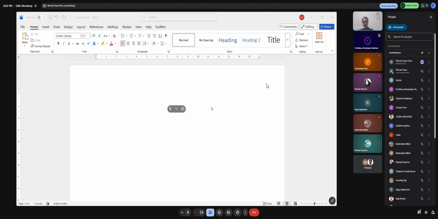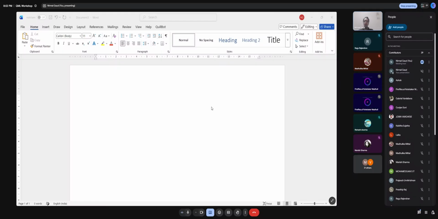In this workshop, we are going to learn about quantum computing, quantum machine learning, and its applications.